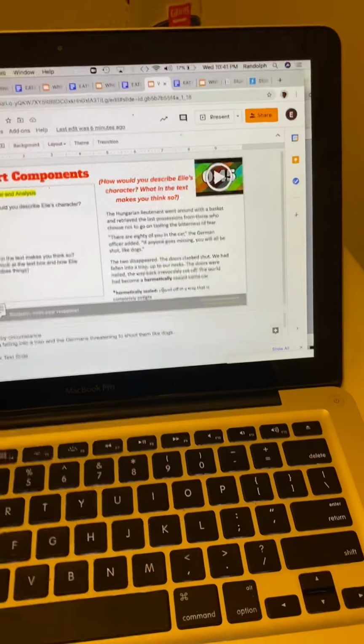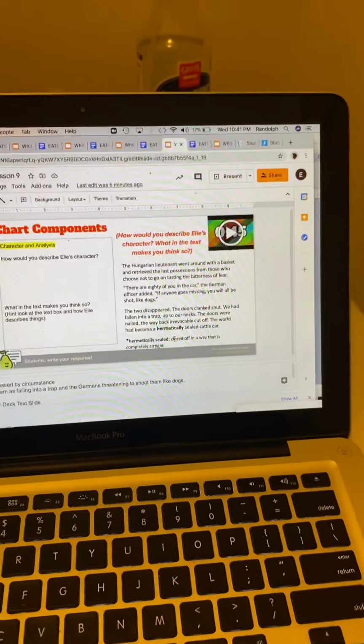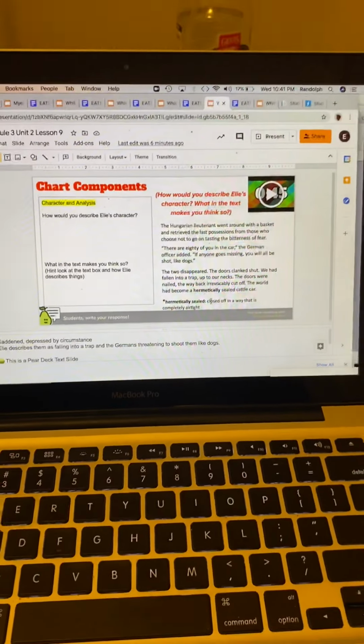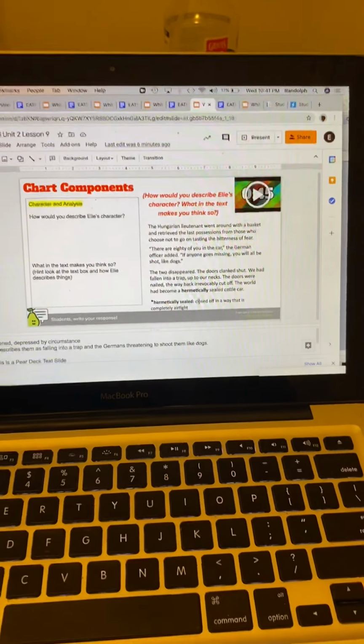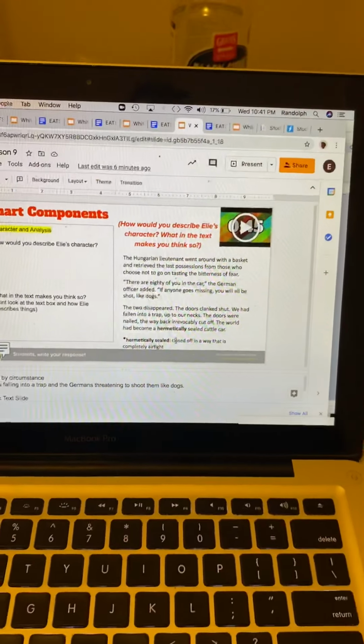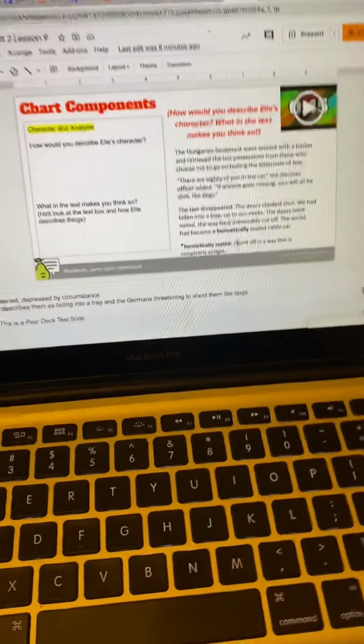And think about how Ellie is describing things. So you've got about 40 more seconds. And how is Ellie describing things? Would you say he's describing things that make him seem very happy and hopeful?